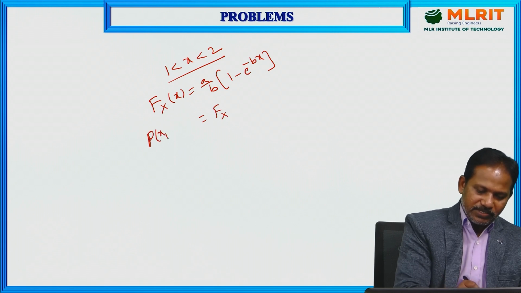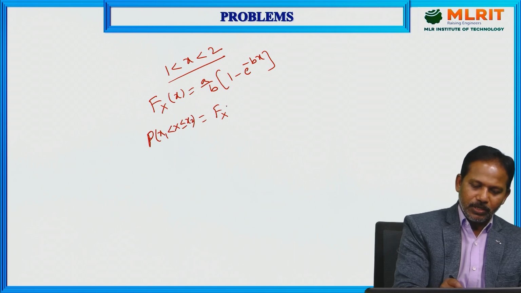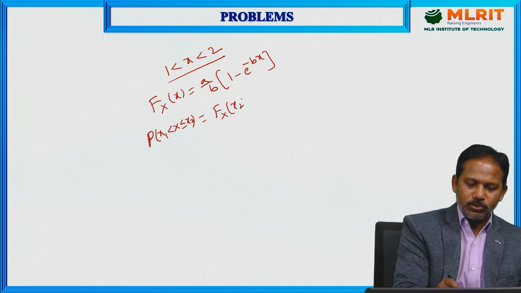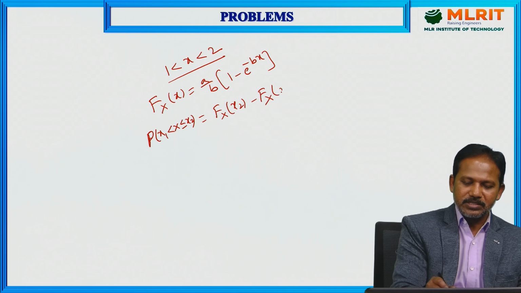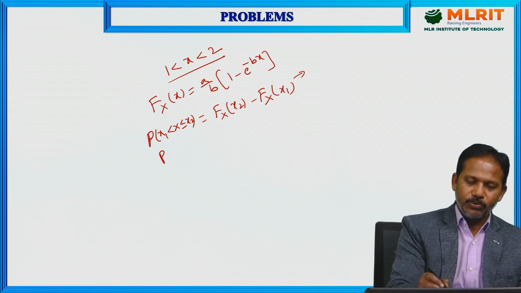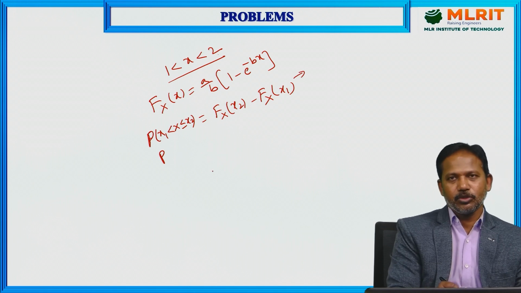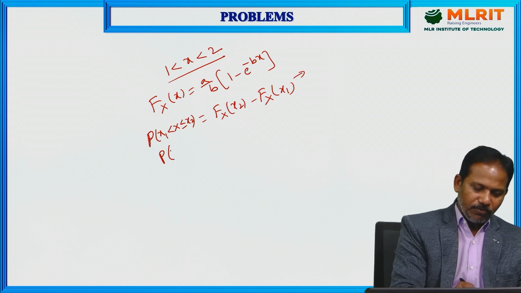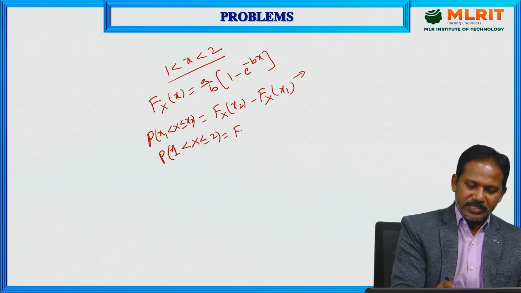x1 less than x less than or equal to x2 equal to capital Fx of x2 minus capital Fx of x1. Here x1 will be taken as 1 and x2 will be taken as 2. This is by using the fourth property of the probability density function. That is P of 1 less than x less than or equal to 2 is equal to Fx of 2 minus Fx of 1 only.